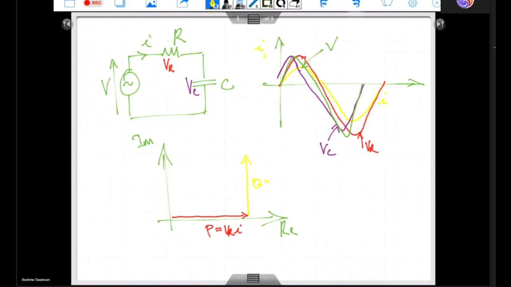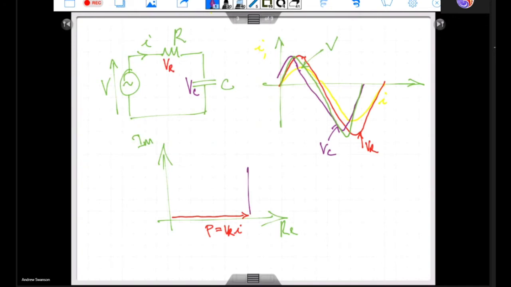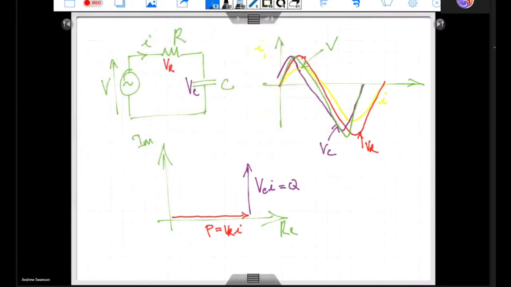Oops, it's meant to be purple, sorry. Right, so you're all happy with that?